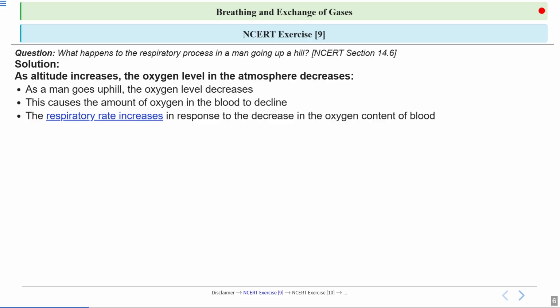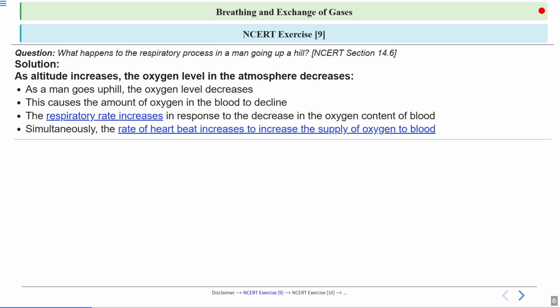So you breathe more; your breathing is not a normal one. Here you breathe more, so that more and more oxygen you can get. The amount reaches normal; it gets compensated by increasing the rate of respiration, right?